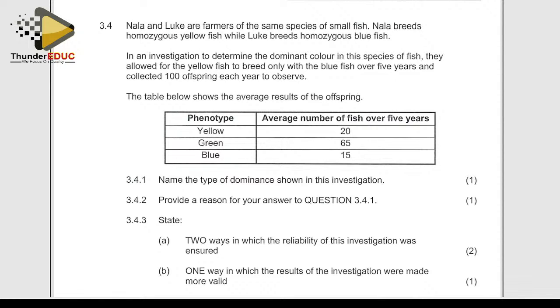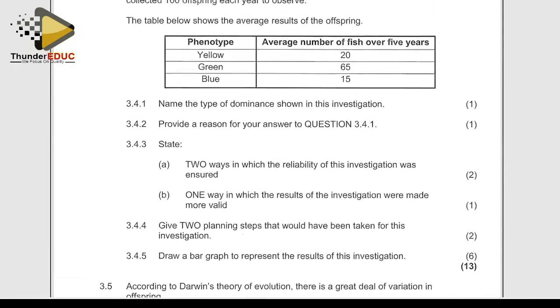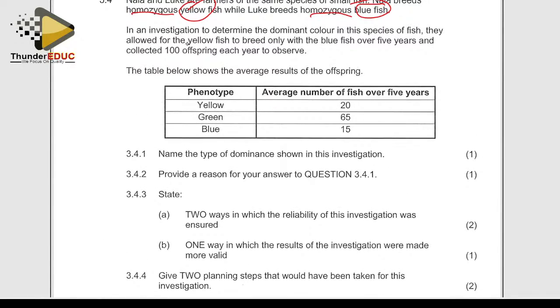The last question is: Nala and Luke are farmers of the same species of fish, small fish. Nala breeds homozygous yellow fish, while Luke breeds homozygous blue, and then this is yellow. The question is: in the investigation, determine the dominant color in this species.